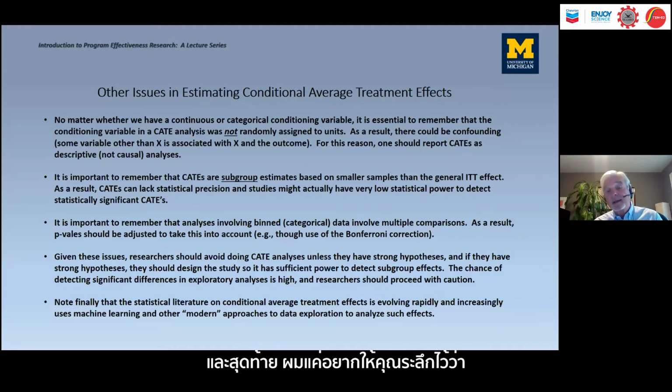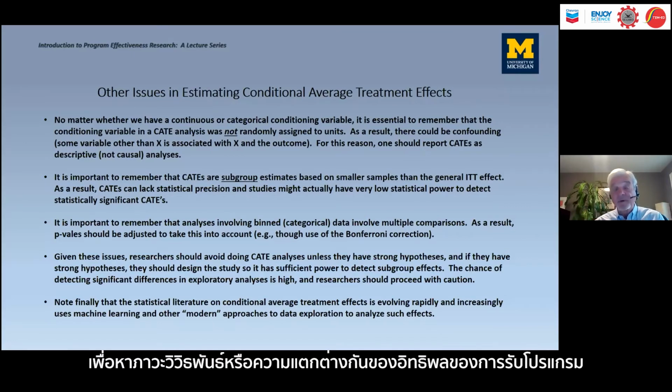And finally, I just want you to note that if you start looking at conditional average treatment effects in the literature, there is an emerging literature that is trying to figure out exploratory techniques for discovering treatment effect heterogeneity.